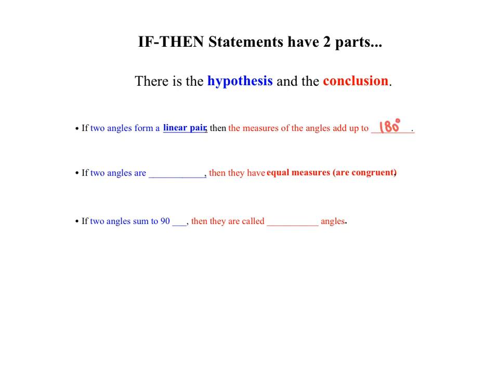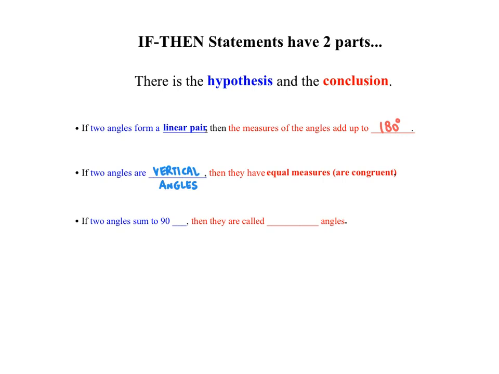Okay, now taking that if-then statement, we can also look at a different vocabulary term that we've talked about. If two angles are blank, then they have equal measures. So we would say that if two angles are vertical, and there's actually many things we could write in here at this point, but based on our context of today's lesson, if they are vertical angles, then they have equal measures.